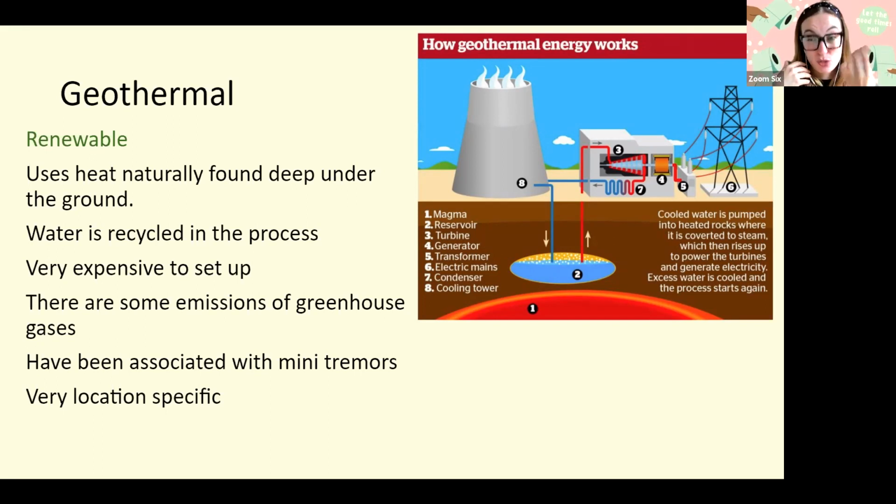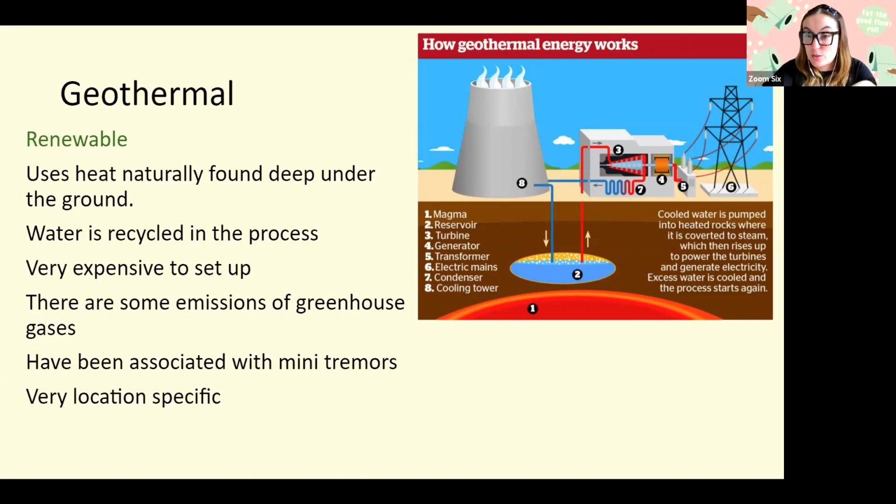Now, there are also some emissions of gases. Not really greenhouse gases. There are a few greenhouse gases, but some sulfur dioxide, for example, is often released, but in smaller amounts than you would get with normal fossil fuels. Also, it has been associated with little mini tremors. So I don't know if any of you have heard of fracking, which I really hope you have, but it's one of the ways in which you can get natural gas from the earth.